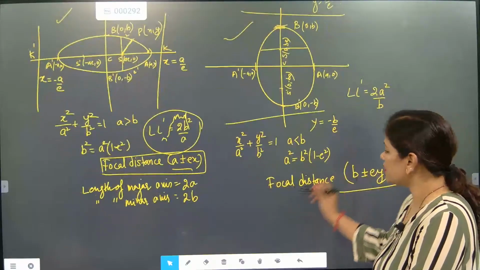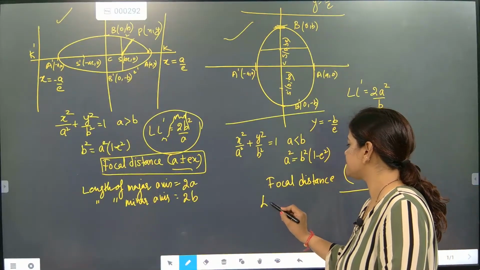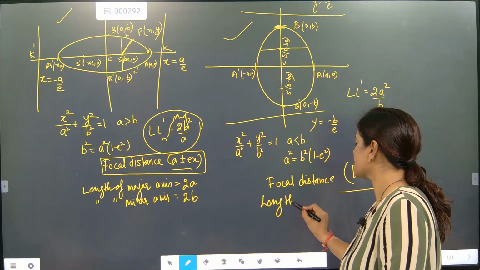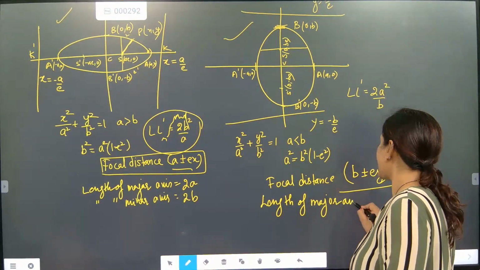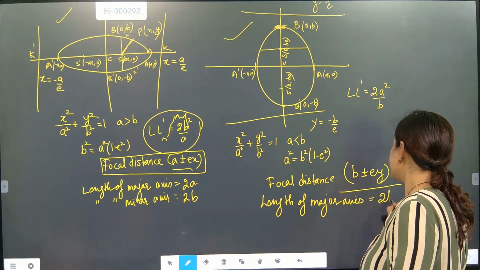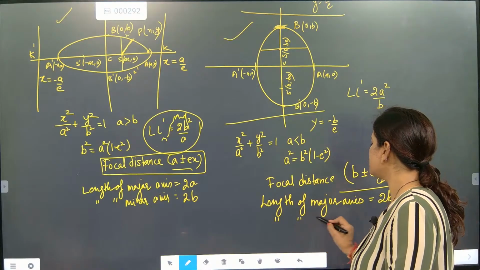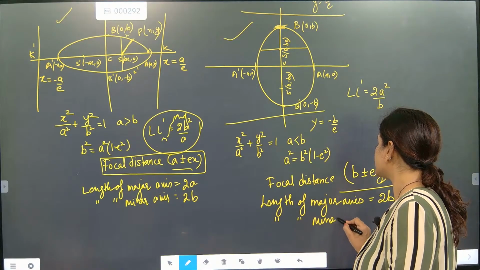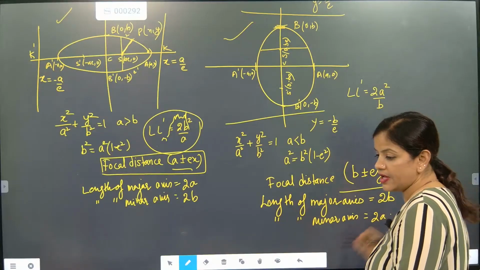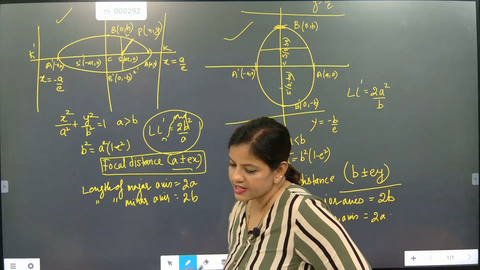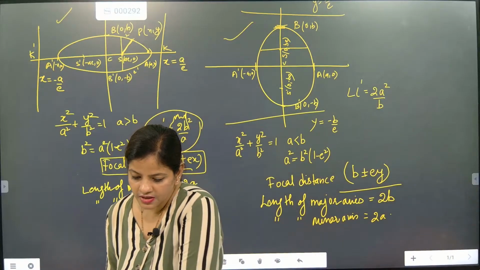But beta, here what is the length of major axis? Length of major axis is 2b and length of minor axis is 2a. So length of major axis and length of minor axis.